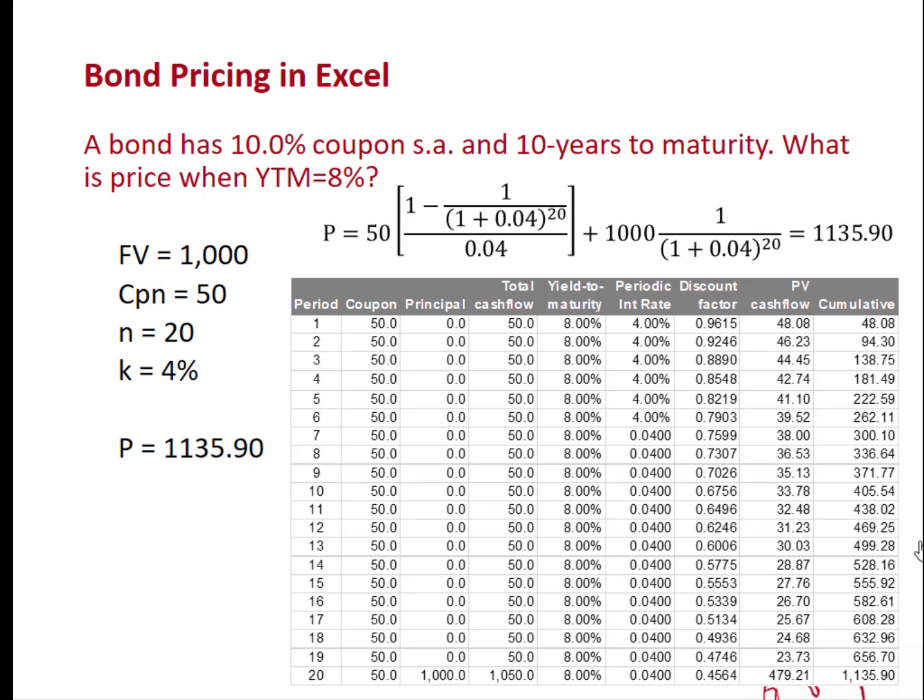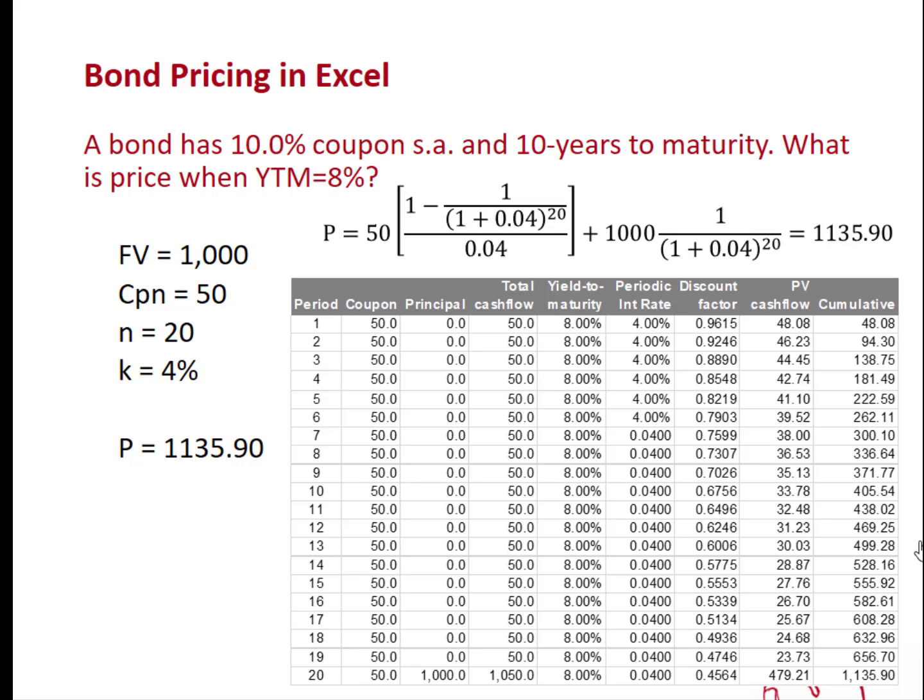If we were to do this in Excel, we would set it up this way, where we have a table. In each row, we have a different period, and we can put the different cash flows as well as the discount rates in the columns. You can see that we have 20 periods, where in each period we receive a coupon of $50. In the final 20th period, we receive our $1,000.